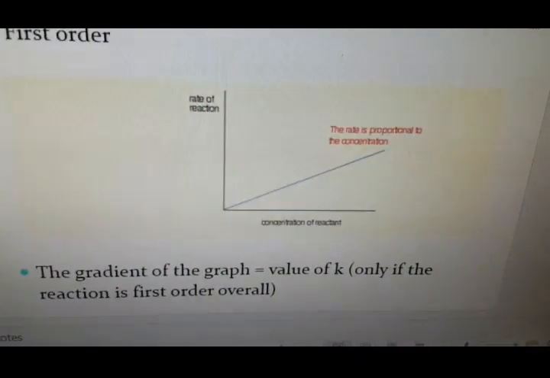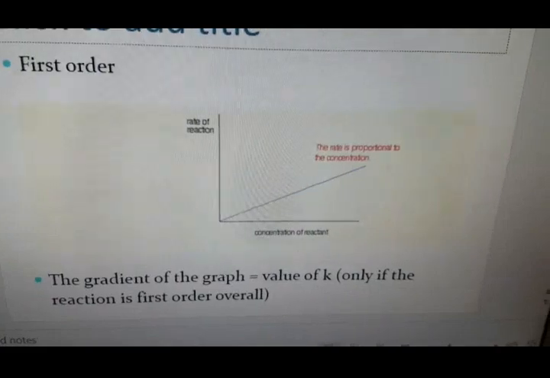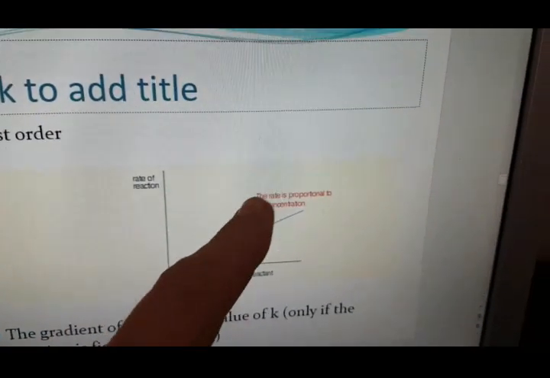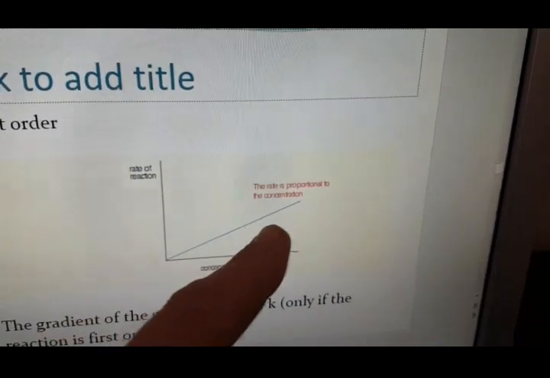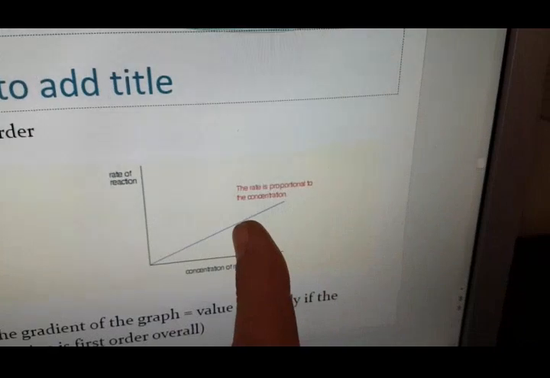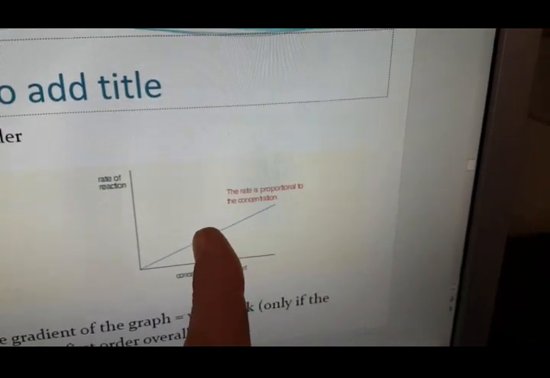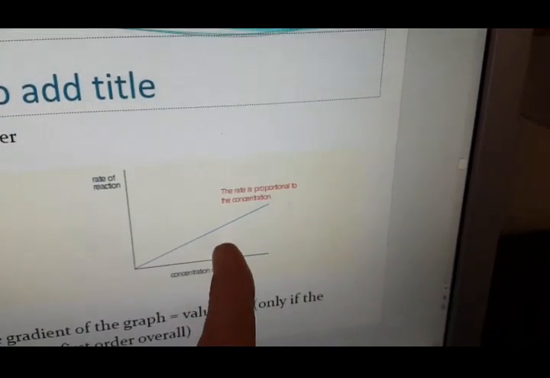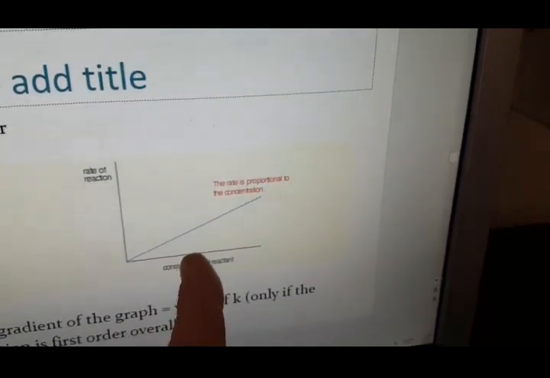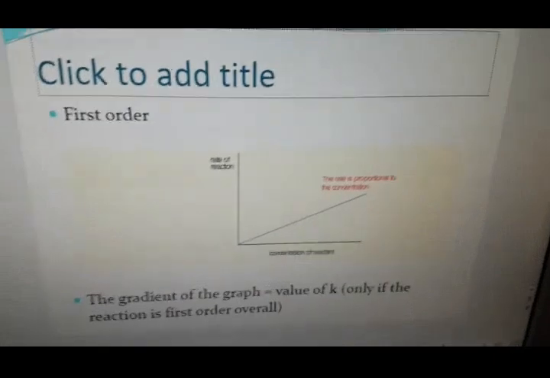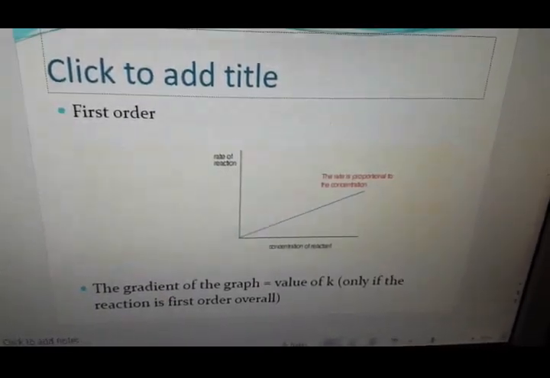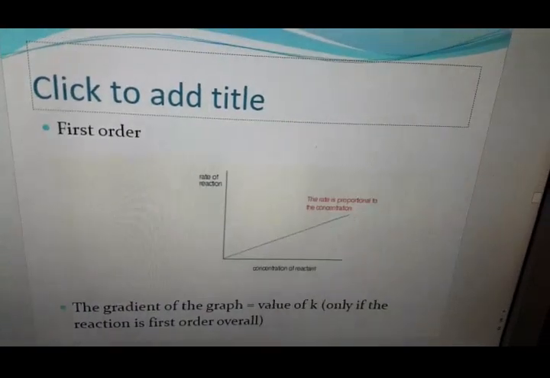And one other thing about that graph, as it says below there, if you measure the gradient of that graph, again, by doing the y over the x value, you don't actually have to draw a tangent this time because it's a straight line anyway. But if you measure the gradient just by, say, drawing a triangle there and doing the y over the x value, that would give you the value of k, but only if the reaction is overall first order.